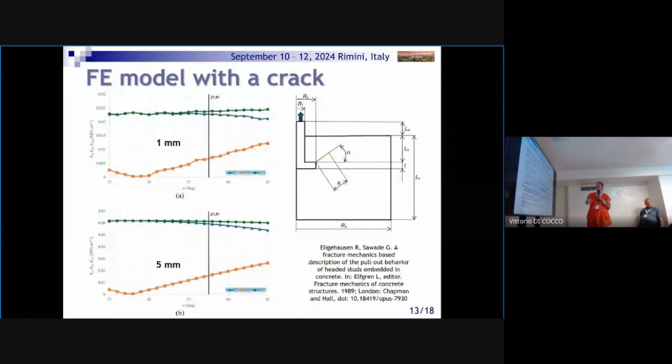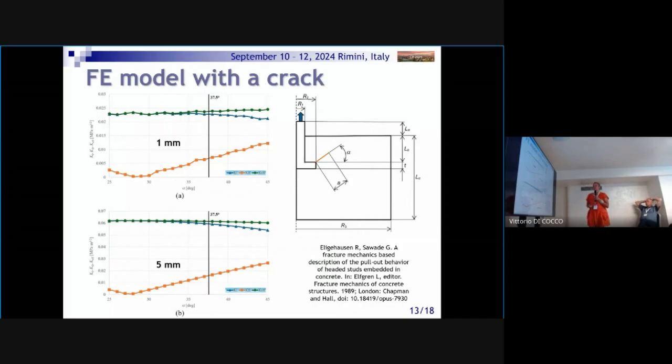Here, sorry, here are our first results. These are dependencies of the K1, K2, and K effective. Blue is K1, orange is K2, and the green curve is for K effective.